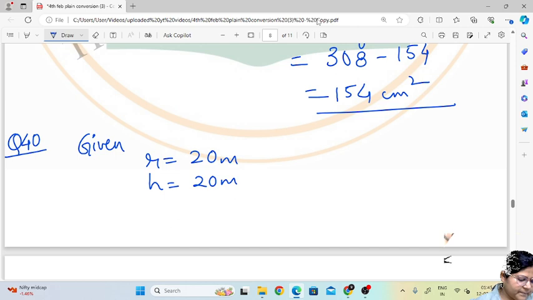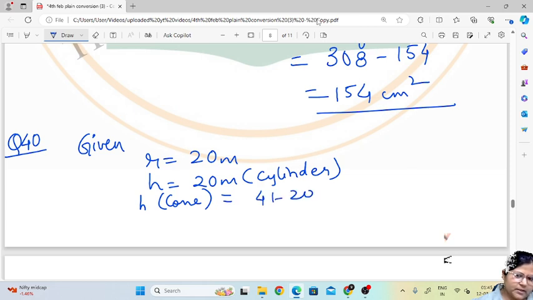The height of the whole tent is 41 meter. Height of cone, how will we find out? 41 minus 20 gives you 21 meter. Then the radius for the cone is the same, 20 meter only.